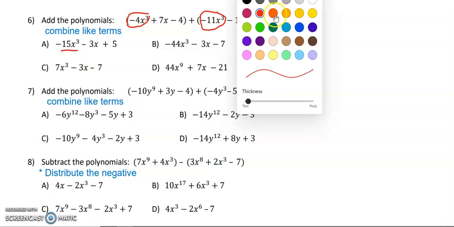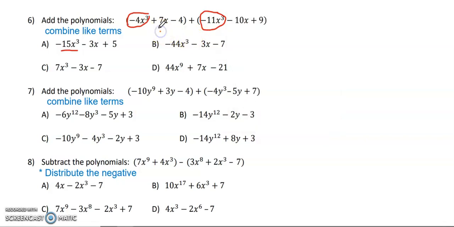And then I need to look for any more like terms. So I have 7x minus 10x. 7 minus 10, that's going to become negative 3x. And then I have negative 4 and positive 9. 9 minus 4 is going to be 5. So I know my answer is going to be A.